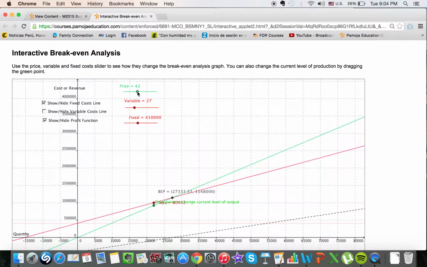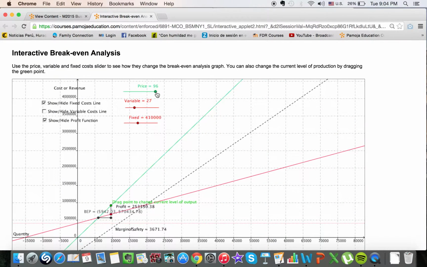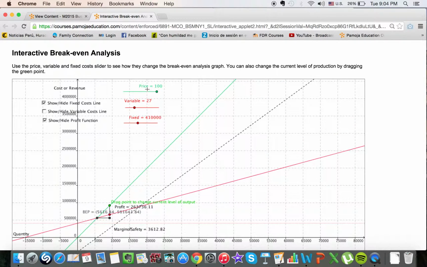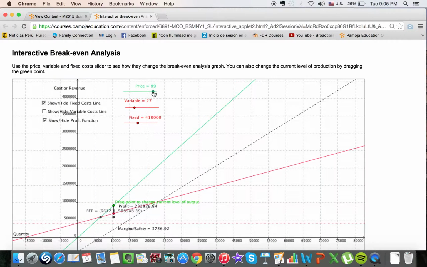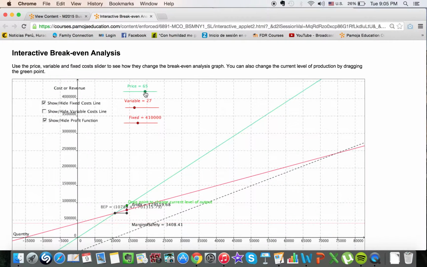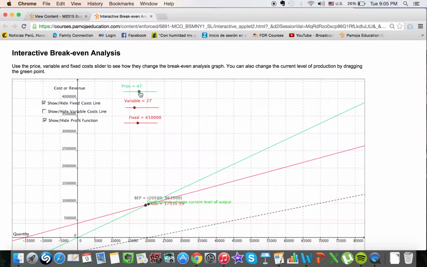Next, we can see that first of all, I'm going to put my price at really maximum. If I sell my product at a really high price, for example 100, I will have a really low break-even point. If I start to decrease my price, you will see that the break-even point starts increasing. Why is this?